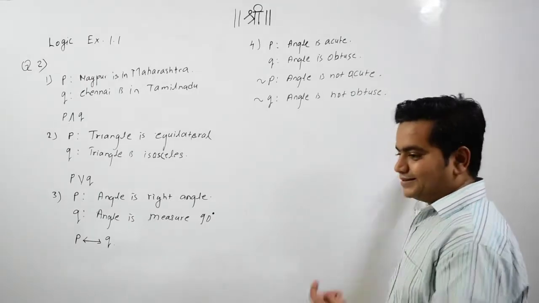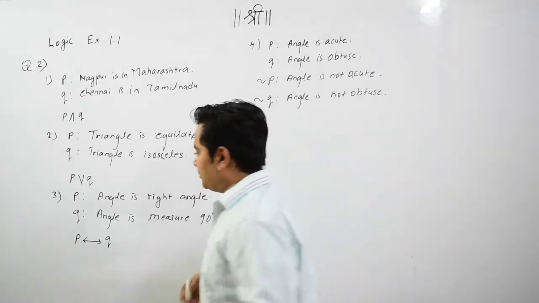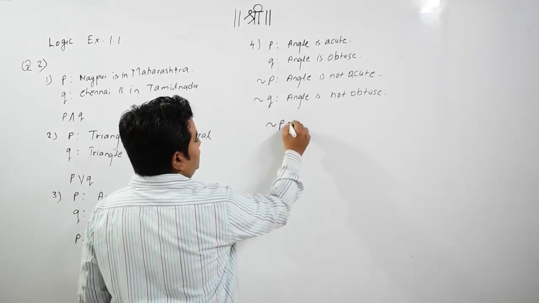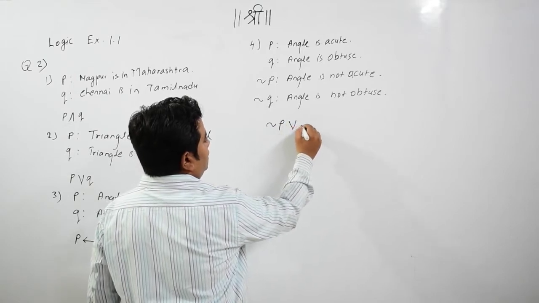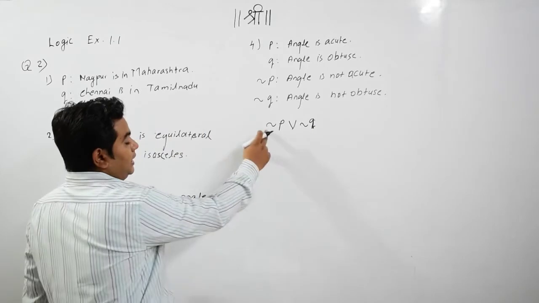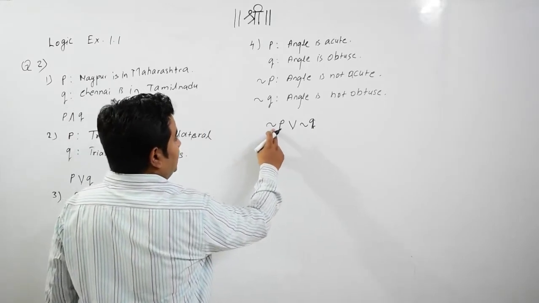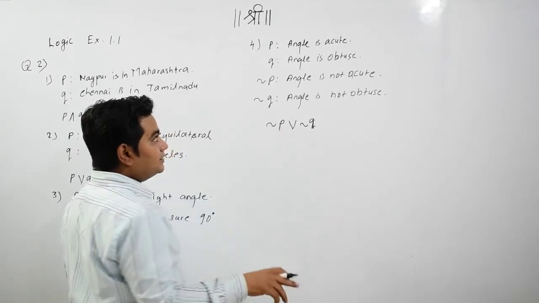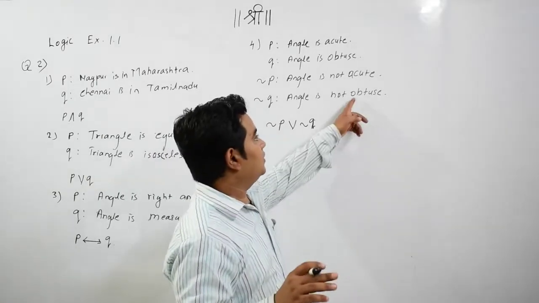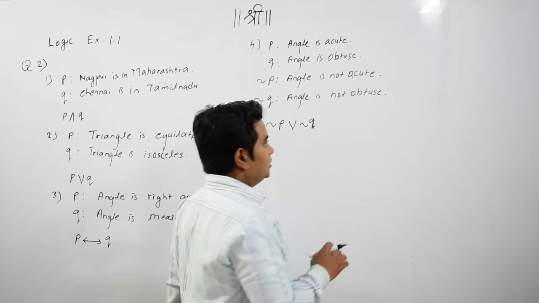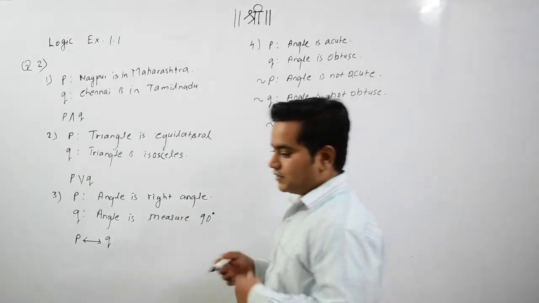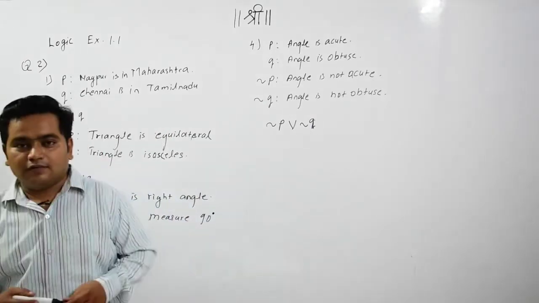Our requirement is like this: negation of P and negation of Q. Hope you understood. Angle is neither acute nor obtuse. Understood? So in that pattern we are working. What angle that is, is not part of our study within this question.